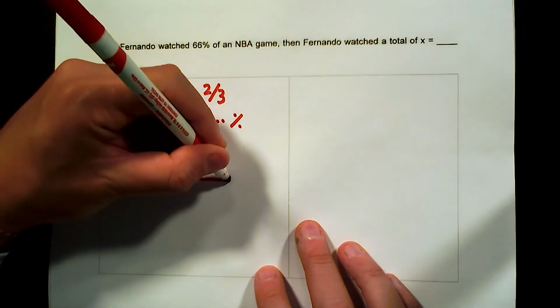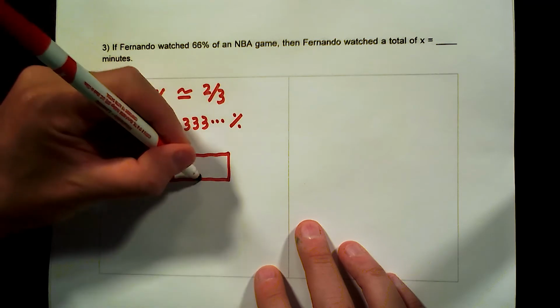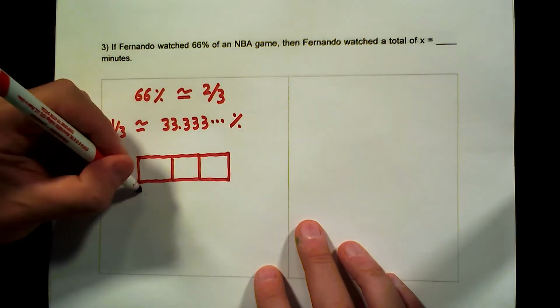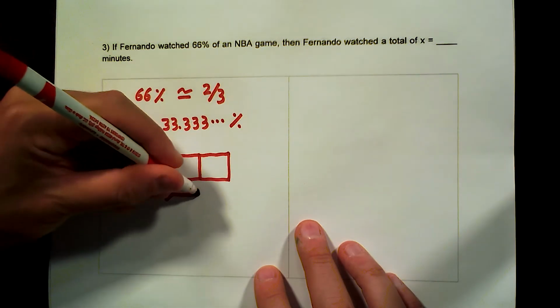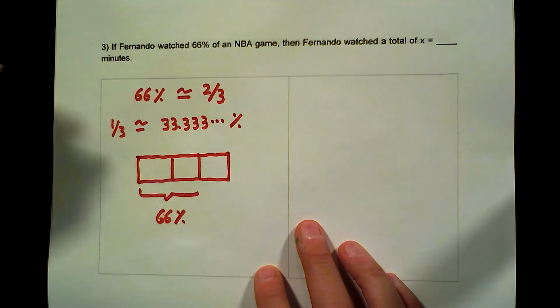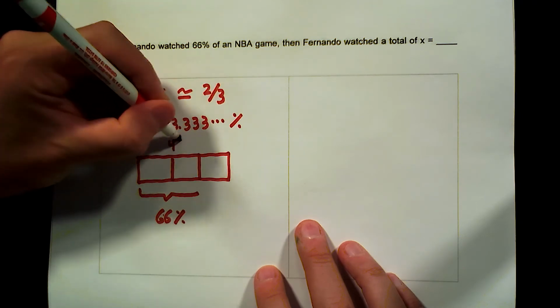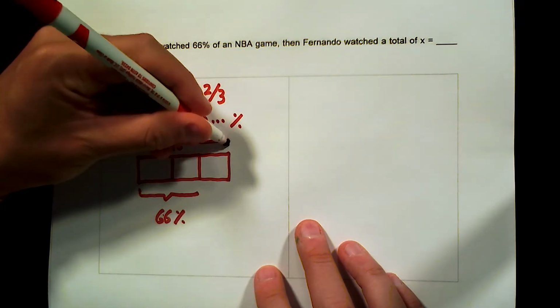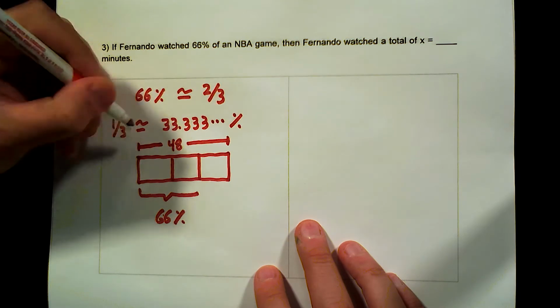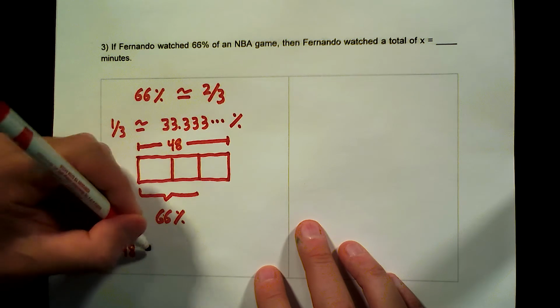It's the same idea. You got your NBA game, break it into 3 equal parts, and he watched 66%. So 66%, 2/3. Since the NBA game has a total duration of 48, what I really need to do is break this 48 into 3 equal pieces. So how am I breaking 48 into 3 pieces?